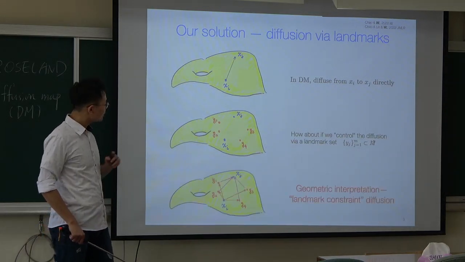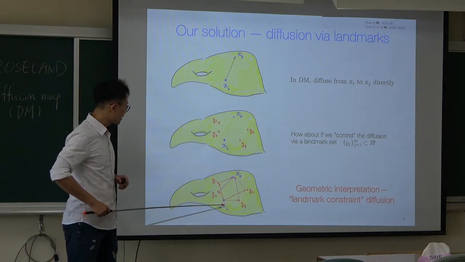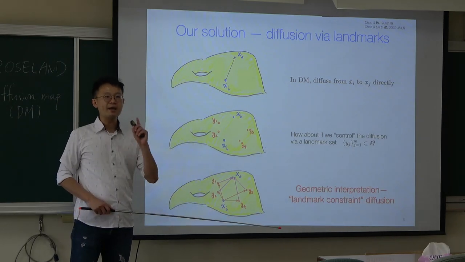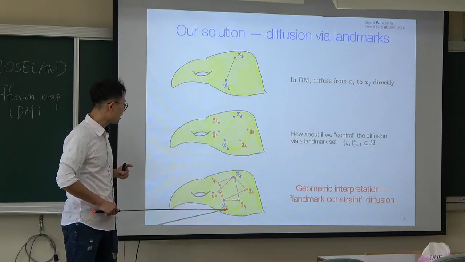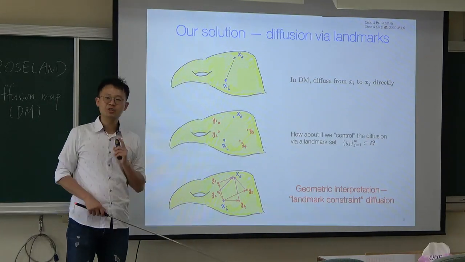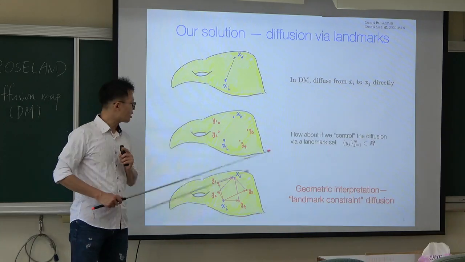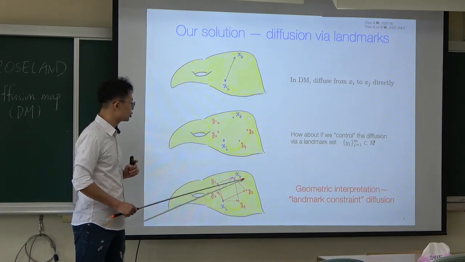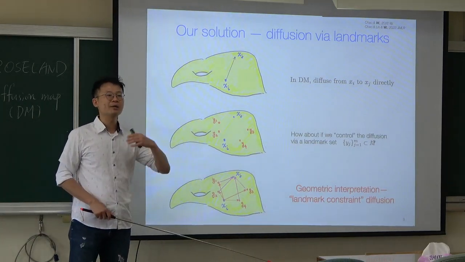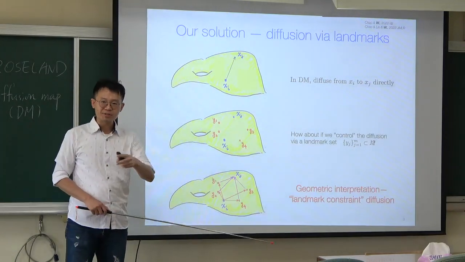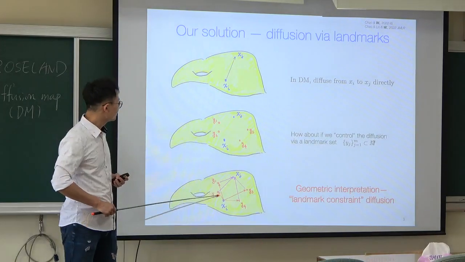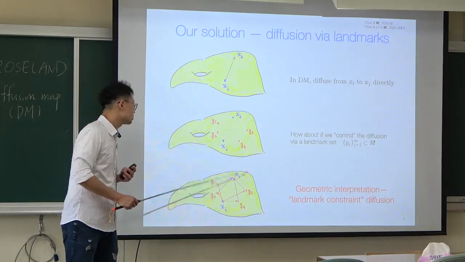Okay, then when we run the diffusion, when we want to diffuse from xi to xj, we say, hey, no matter what, you need to diffuse from xi to Y first, and then after you arrive at Y, then you diffuse to xj. That is, you split the diffusion from xi to xj into 2 steps. First, you have to diffuse to different landmarks and then go back to xj.